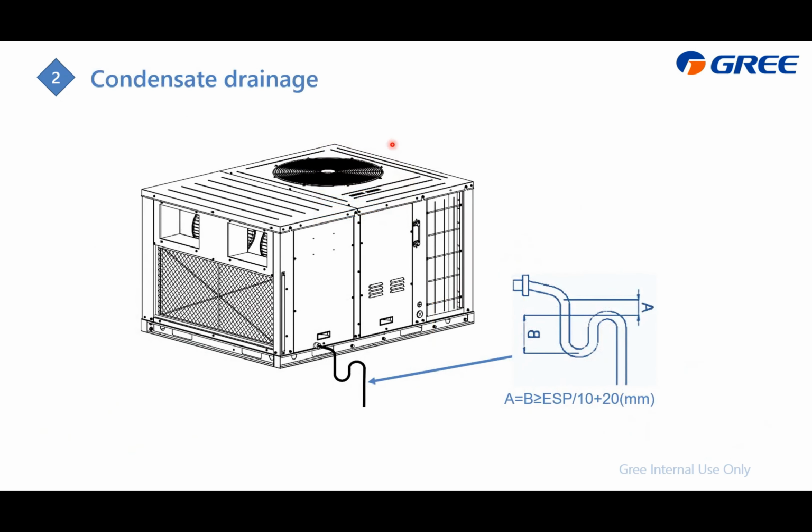For the condensate drainage, just consider the ESP setting, and we recommend setting the backwater trap just like this one. And here the A and B are according to the ESP setting. The purpose of it is just to prevent air from coming in from outside and to prevent bugs getting inside.